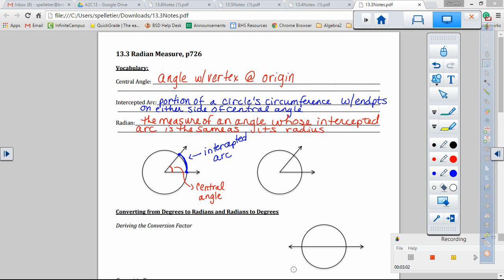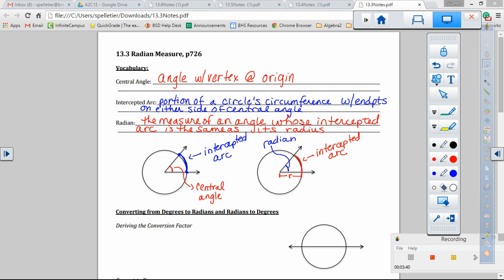Its intercepted arc has the same measure as its radius. This arc has the same measure as this radius does. That is called a radian. So this angle right here is a radian, instead of a degree. As we deal with our circles, we're going to talk a little more about that.